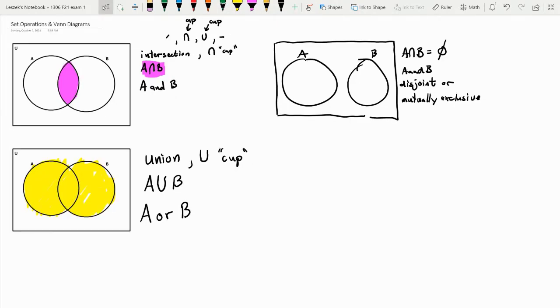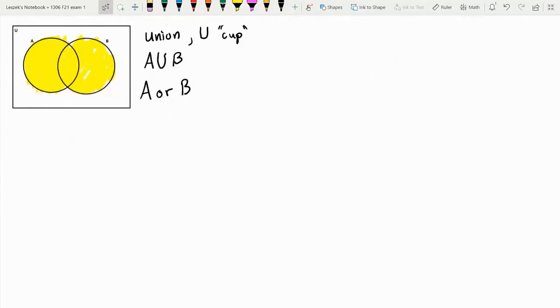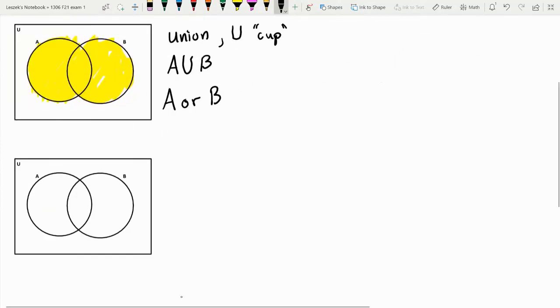And we also have the complement, which is probably what I should have started with. So the complement, let's say, complement of A, right? It's usually understood what the universal set is. It's like the context to the conversation.